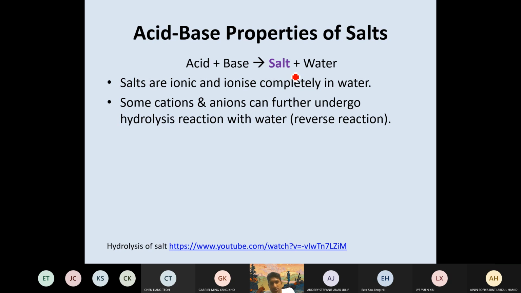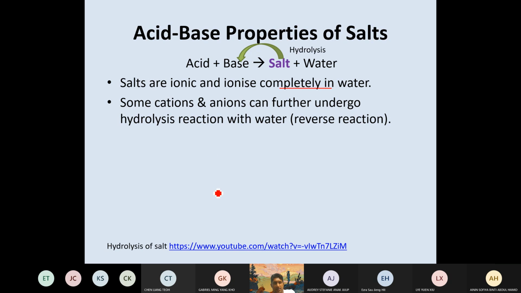So any type of salt, doesn't matter what the salt is, whether from weak acid or weak base, or strong acid and strong base, or another mixed-match acid and base reaction producing salt and water, any salt is completely ionized in the water. And then after that, it will further hydrolyze and react with water.